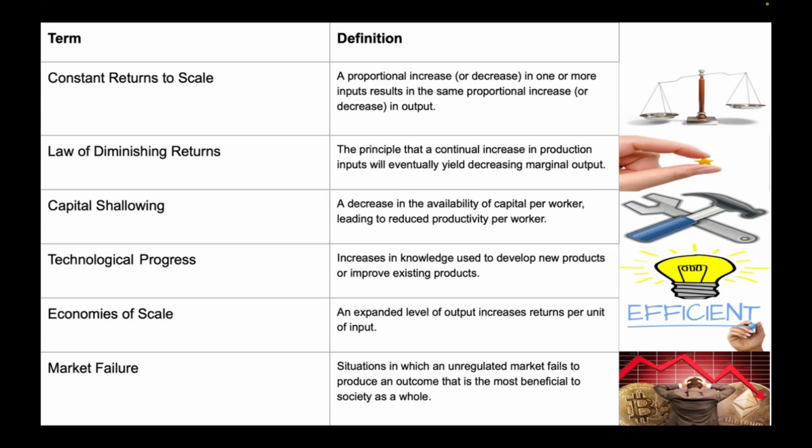Capital shallowing will highlight the effects of insufficient capital accumulation. We'll also dive into technological progress, which drives productivity improvements. Next, we'll examine economies of scale, where larger production scales lead to lower costs. And finish by addressing market failure, when markets fail to efficiently allocate resources.